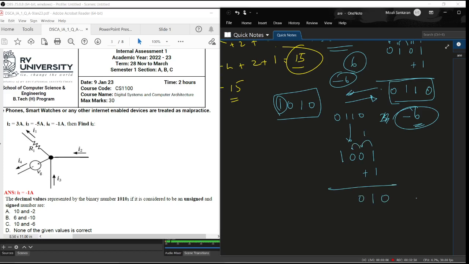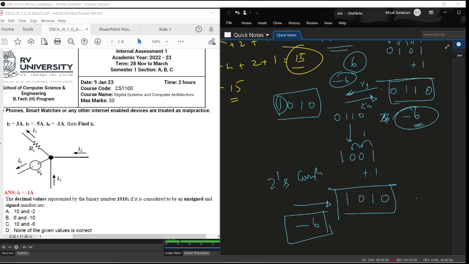So 0 and 1. So this is the signed 2's complement representation of minus 6. Okay. So you can go from a positive number, the magnitude, to the negative representation, and you can also find the 2's complement to get the magnitude. So both ways it is 2's complement.